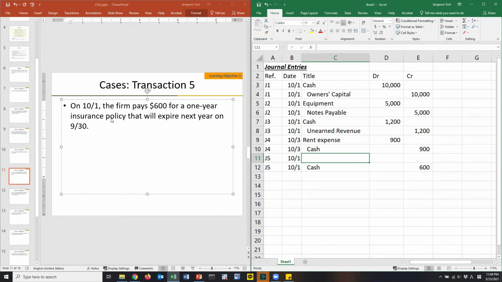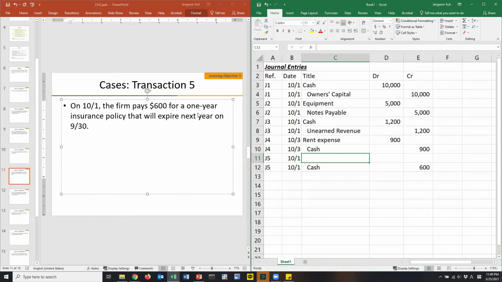But as of the moment, as of the second, when you pay out cash for insurance policy, did you enjoy the insurance coverage benefit? At the 10 a.m. of October 1st, when you pay out the cash, did you have a chance to enjoy the benefit of 1-year insurance service?